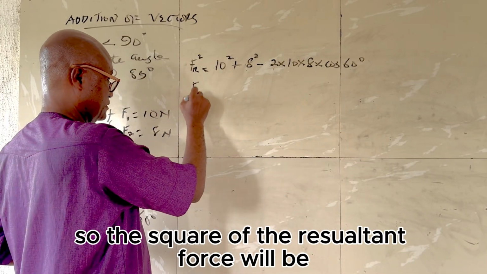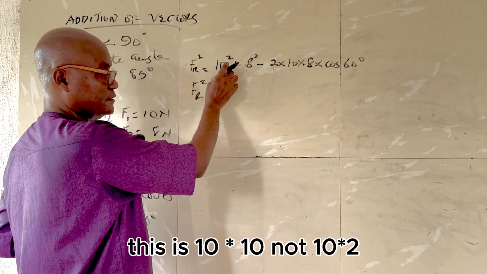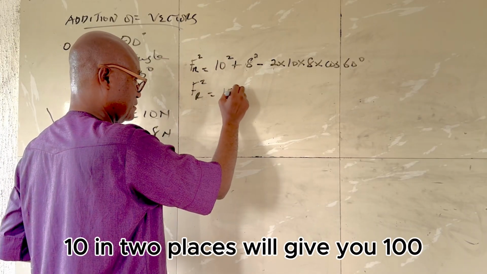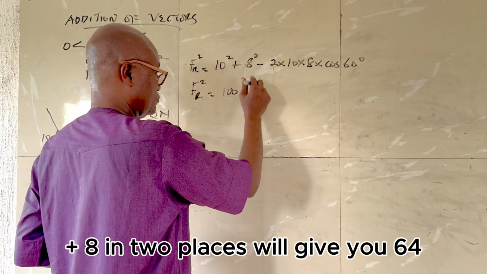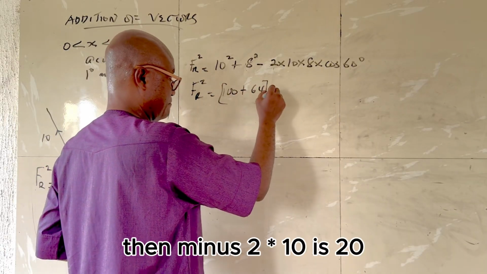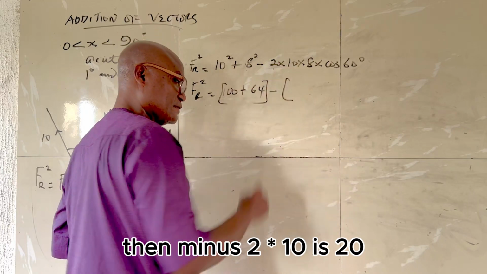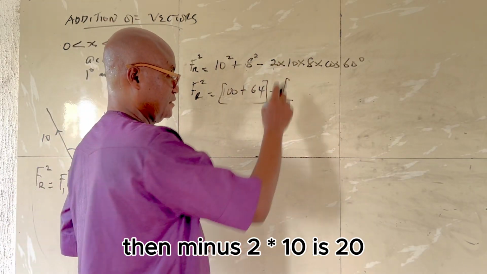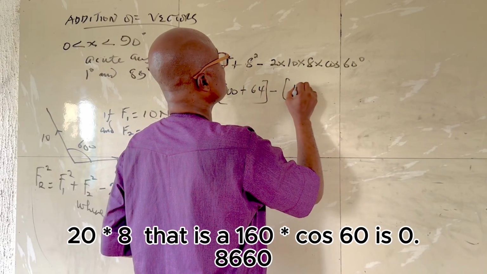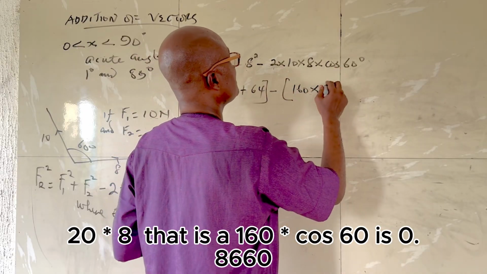So, the square of the resultant force will be, this is 10 times 10, 100, plus 8 times 8, 64. This is one part of it, then minus 2 times 10 is 20, 20 times 8, that is 160, times cos 60.